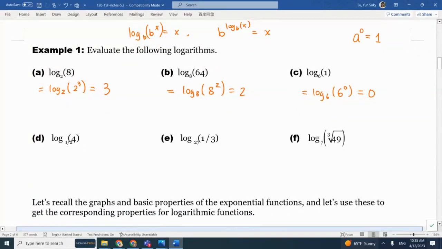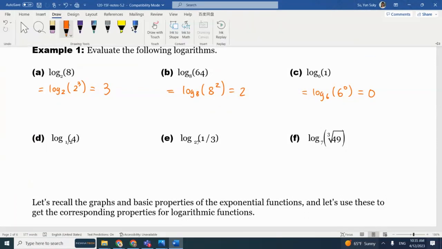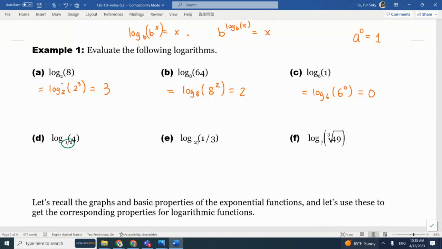Part D, let's use a different way. I'm teaching you a different method now for part D, because your base is 1/2, it's not so obvious. Then what do we do? You set this expression equal to x, and this is the logarithmic form. You want to change to exponential form. How do you do that?